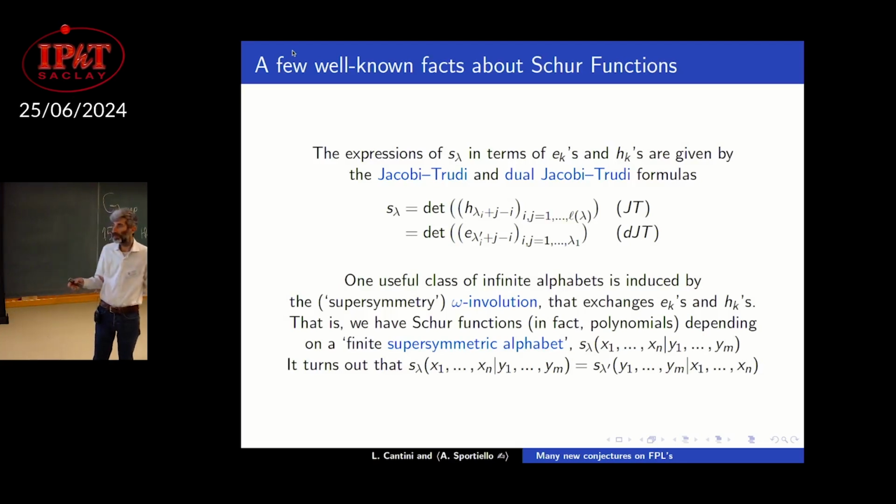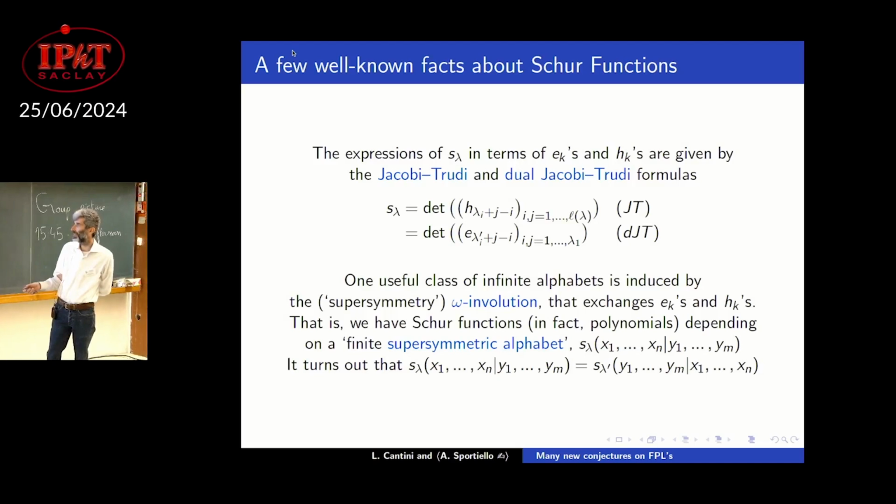And the supersymmetric variables are exchanged by a famous omega involution that I will try to demystify a bit, but it will not be anything original, you will see, by telling that a supersymmetric S_lambda of x1...xn, y1...ym is S_lambda' of y1...ym, x1...xn. That means if you take the transpose of the integer partition and exchange bosonic and fermionic variables, in a sense, you have the same expression.